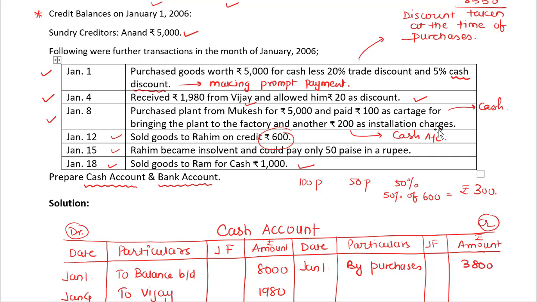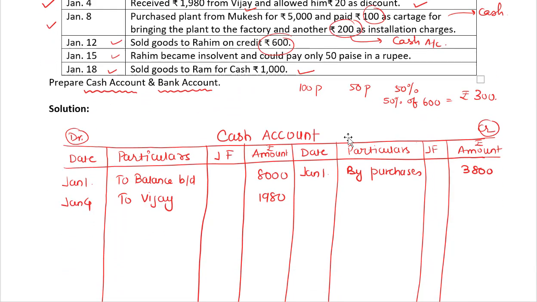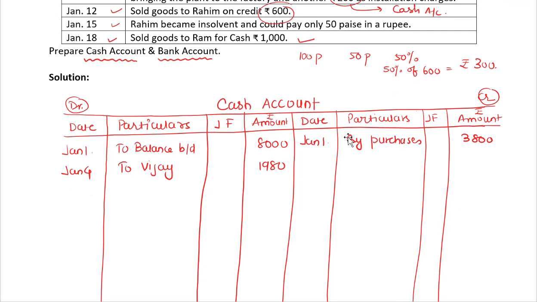So we will record 200 and 100, that is 300, in cash. Over here it will be January 8, by plant, 300.